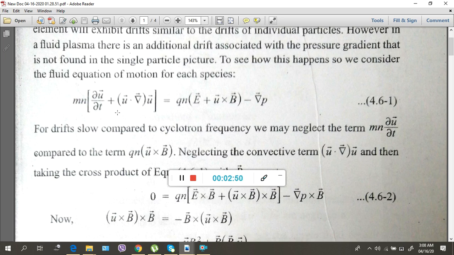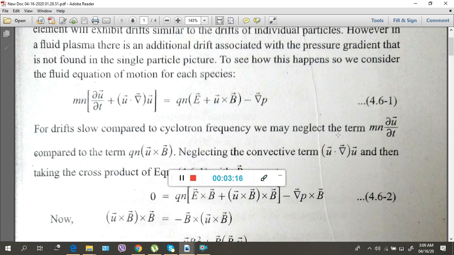In this case, for drifts, due to the magnetic field we have the cyclotron frequency. But if we say in the fluids, the drifts are slow compared to the cyclotron frequency, then at that time we may neglect this.